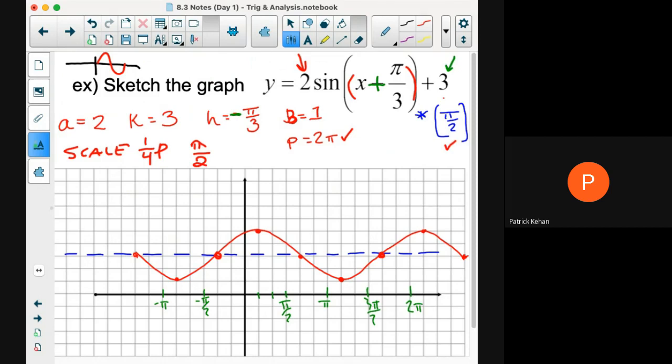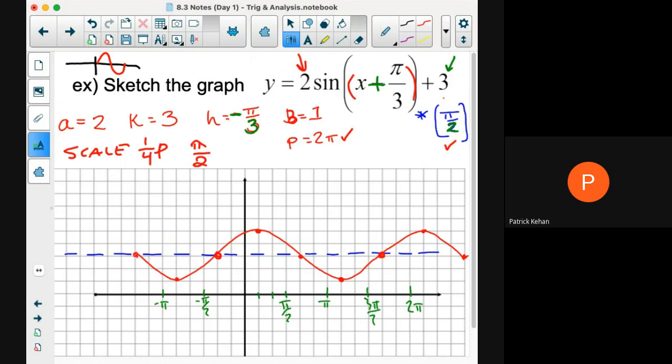But this is where we have to pay attention. The H value is pi over 3, and those are unlike denominators. So in some cases, you're going to have a hard time finding the exact location of this H value, pi over 3, if your scale is going by pi over 2s. The way you can correct that is to use the denominator of each of these, pi over 3 and pi over 2, and work with the least common denominator, which is going to be pi over 6.